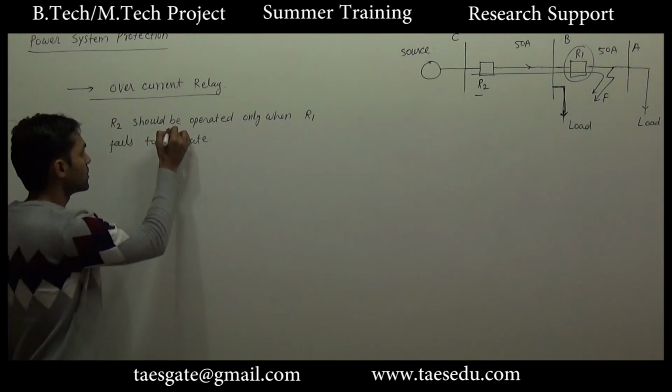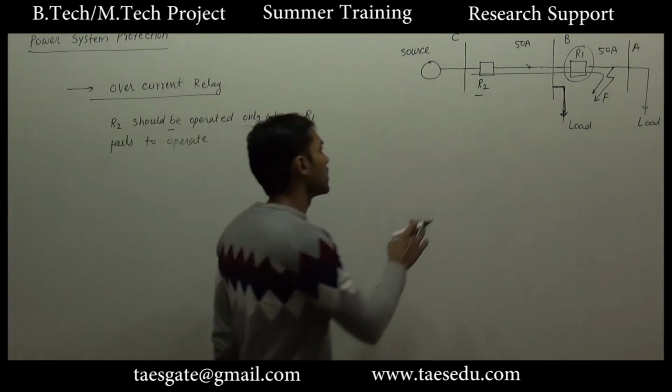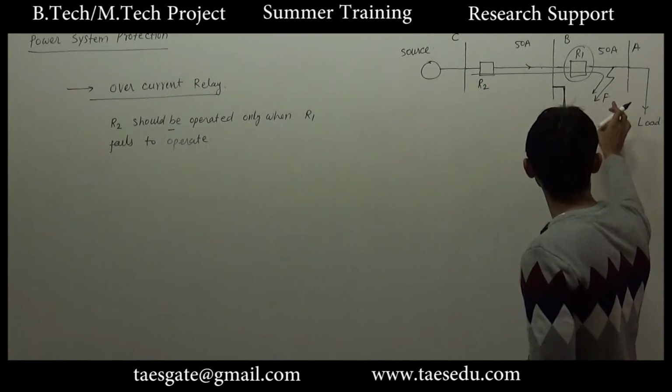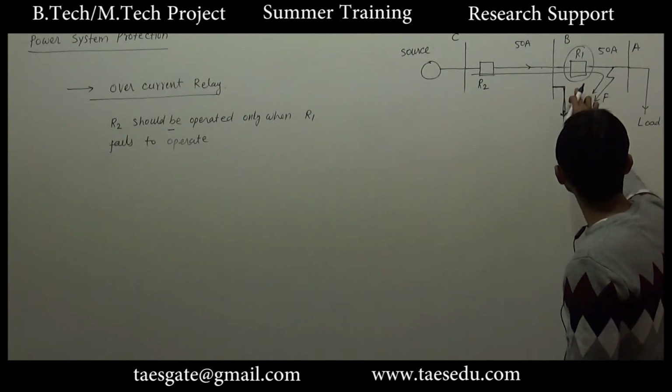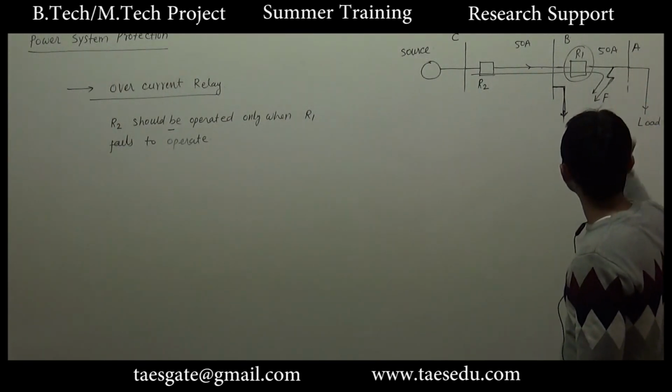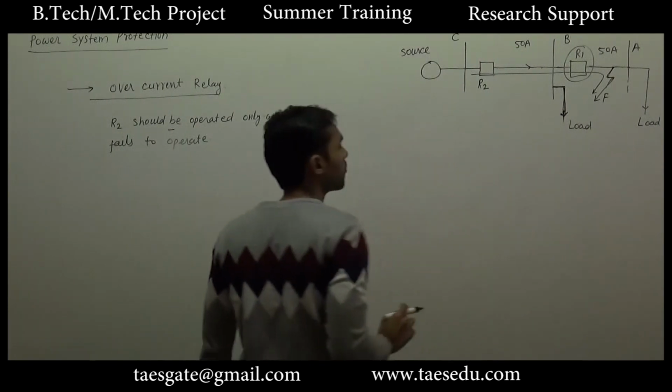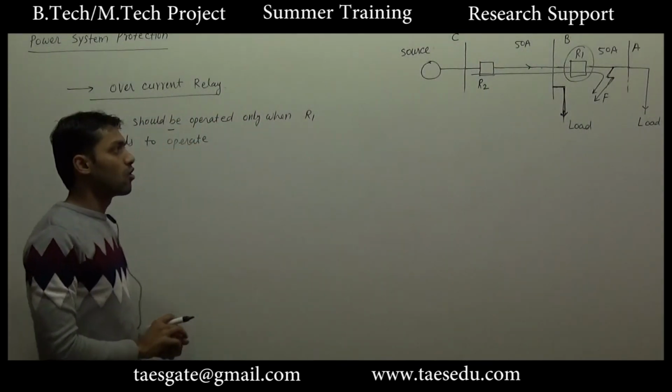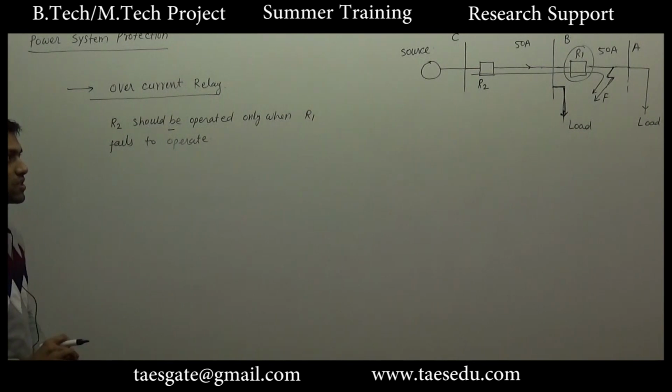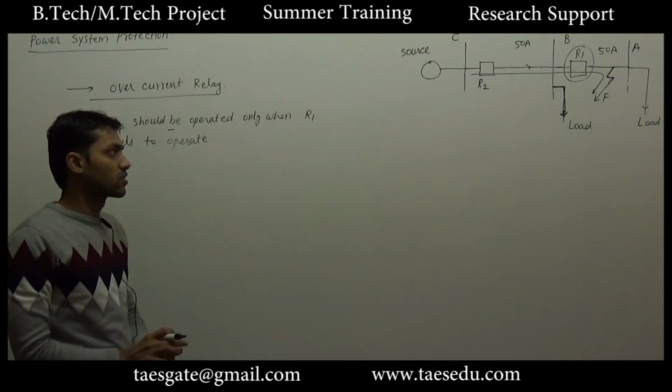So to achieve this condition, the operating time of R2 must be greater than the operating time of R1, at least for this fault. We will say that for a fault between B and A, the operating time of relay R2 must be greater than the operating time of relay R1.